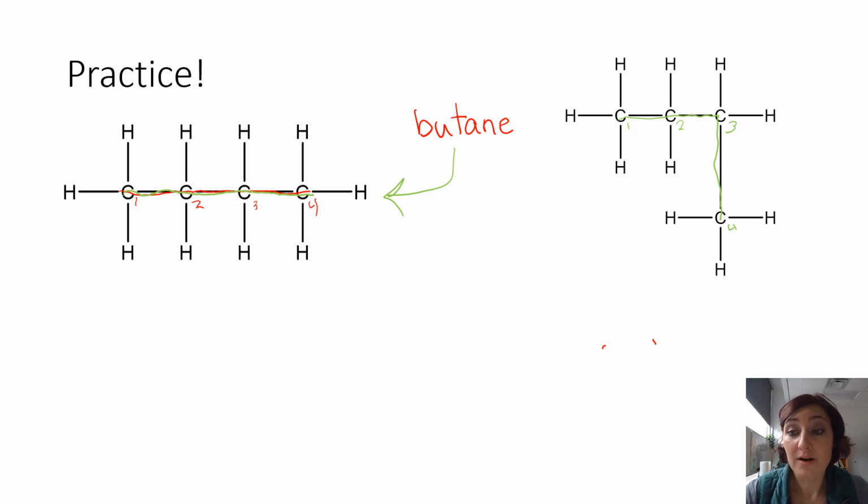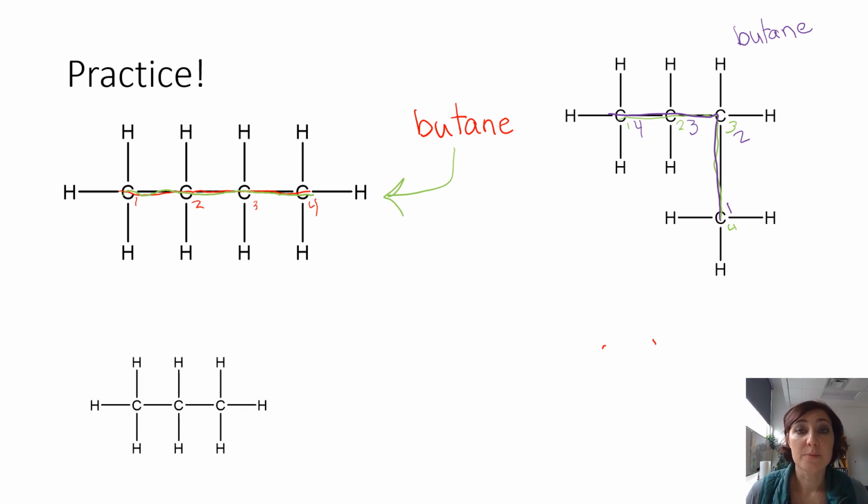So therefore, and I'm going to try counting the other direction just to be sure, and again, this won't matter until later, but we're creating habits for later. It is, once again, the longest chain is 4 carbons long. Prefix for 4 is but, and we have all single bonds between carbons. We don't have anything other than carbon and hydrogen, so this is an alkane. We end this with ane, so this is also butane.